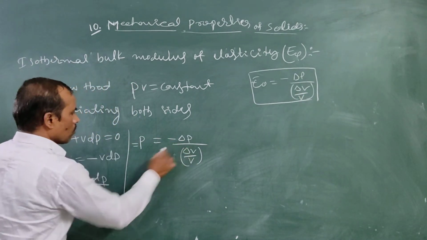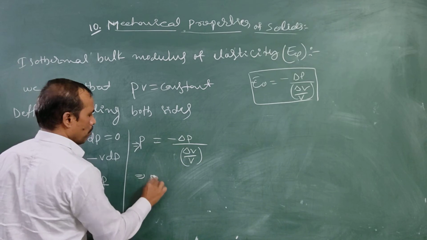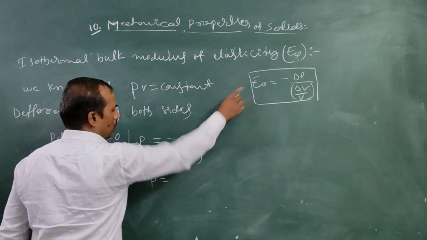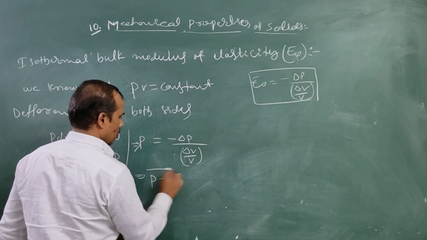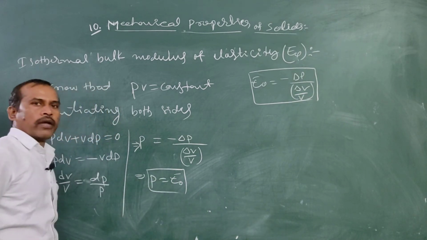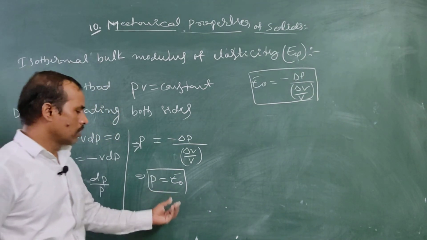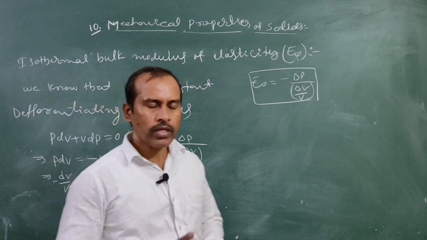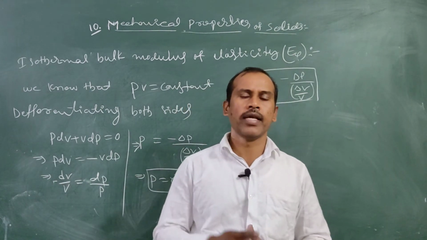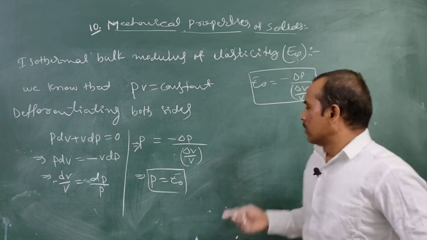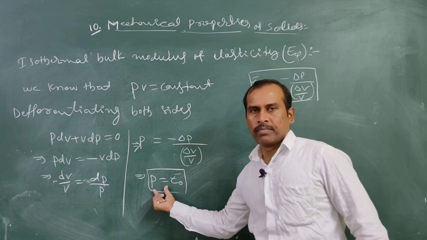So E theta is equal to P. That means the isothermal modulus of a gas is equal to the pressure of the gas.